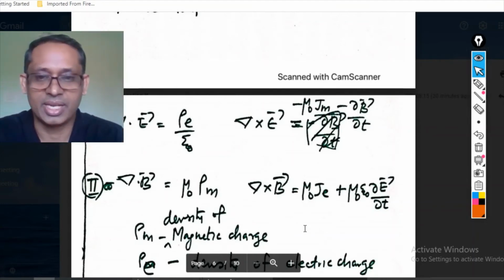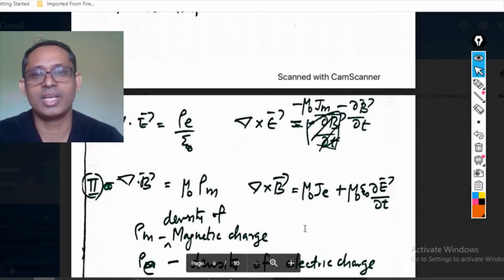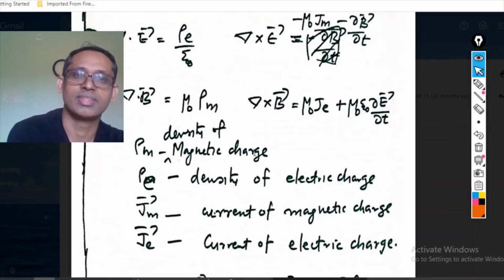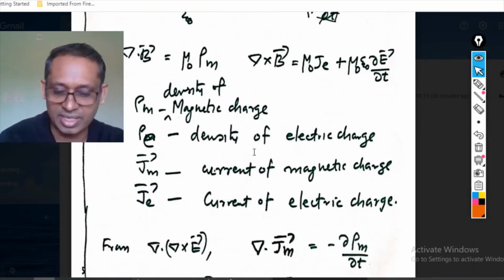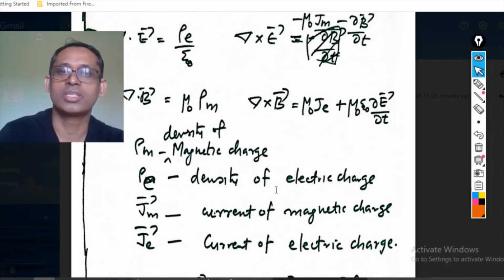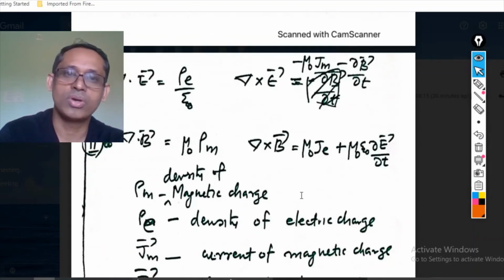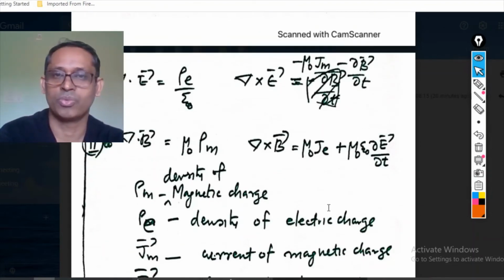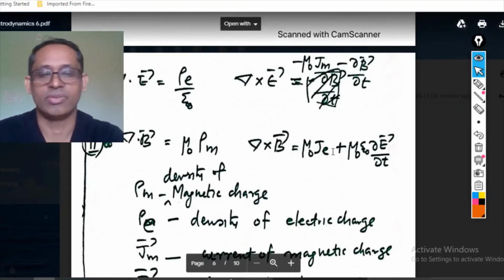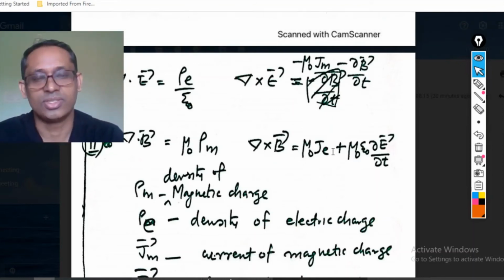But unfortunately, God didn't create magnetic charge or magnetic monopoles. So magnetic monopoles do not exist. There are no magnetic charges. So the symmetry of the Maxwell's equations is lost.